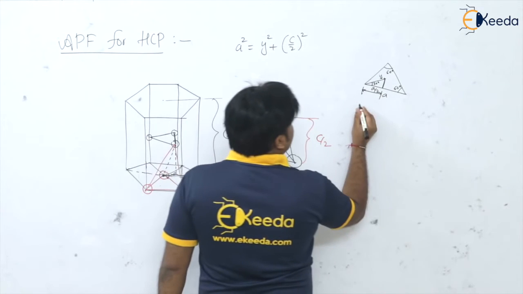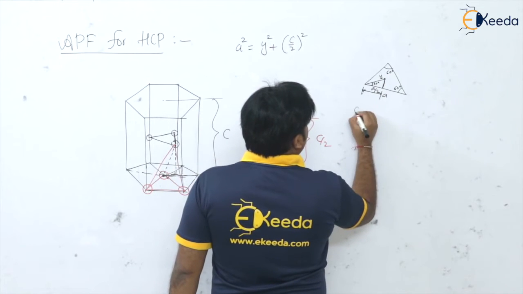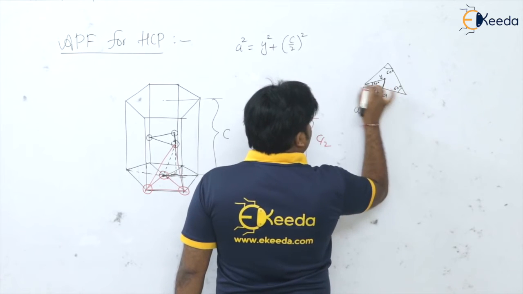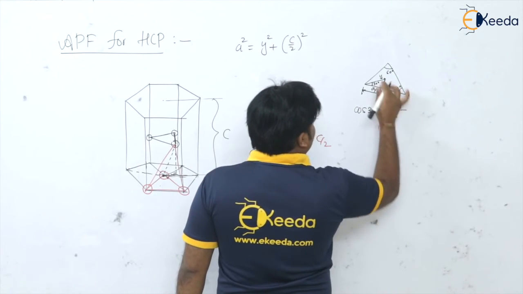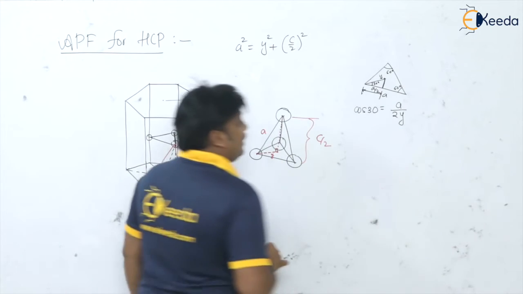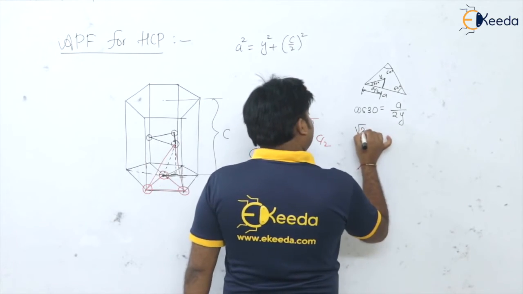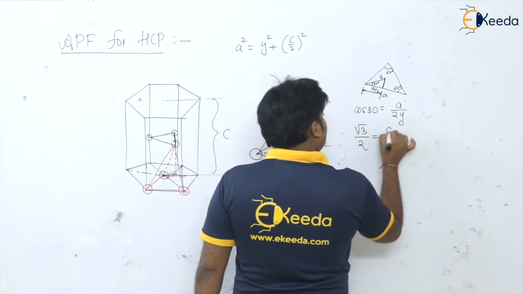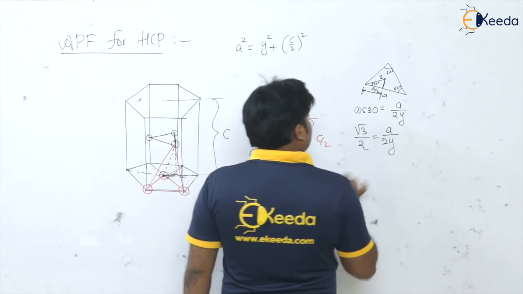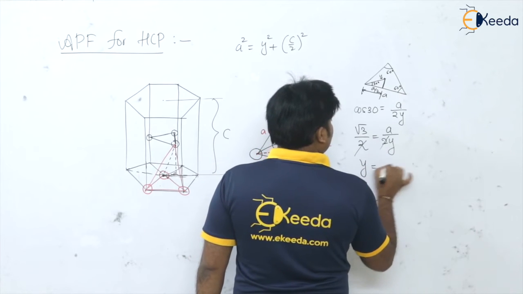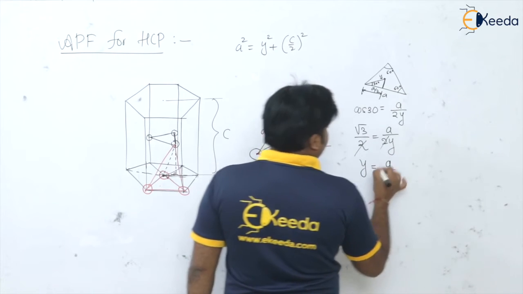What we can write here? Cos of angle 30 is equal to the adjacent side A by 2 divided by hypotenuse y, isn't it? And what is this cos 30? We know it is root 3 by 2, equal to a upon 2y. So 2 gets cancelled, so you will get y is equal to a upon root 3.